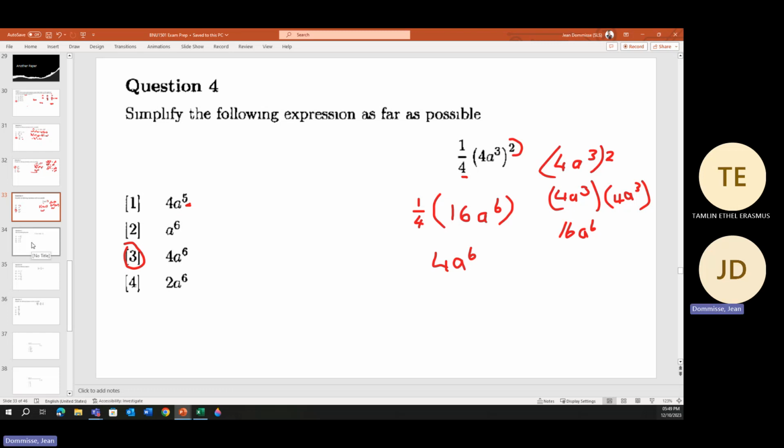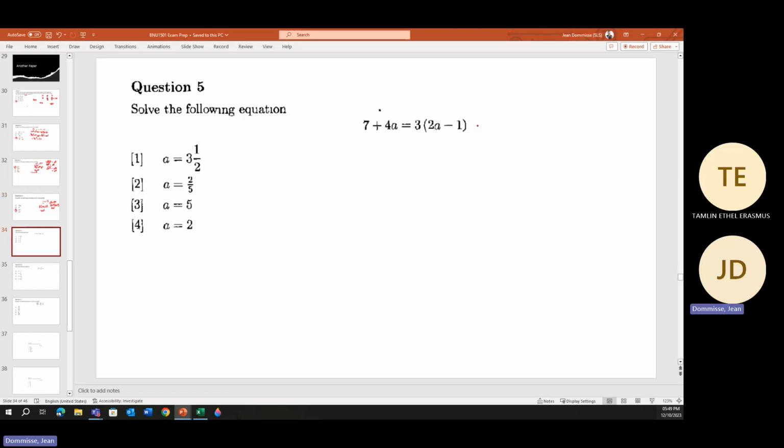Okay, next one. So moving from exponents into equations, and solving for, in this instance, a. So they give us two sets of equations. So what I would have done is simplify it. So 3 times that is 6a. 3 times that is minus 3.